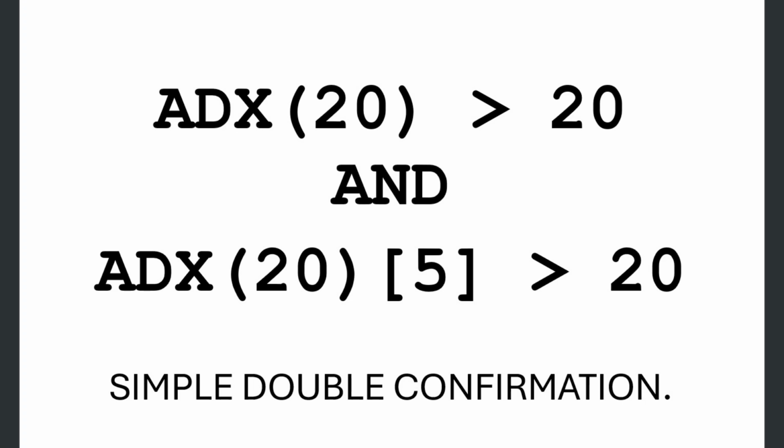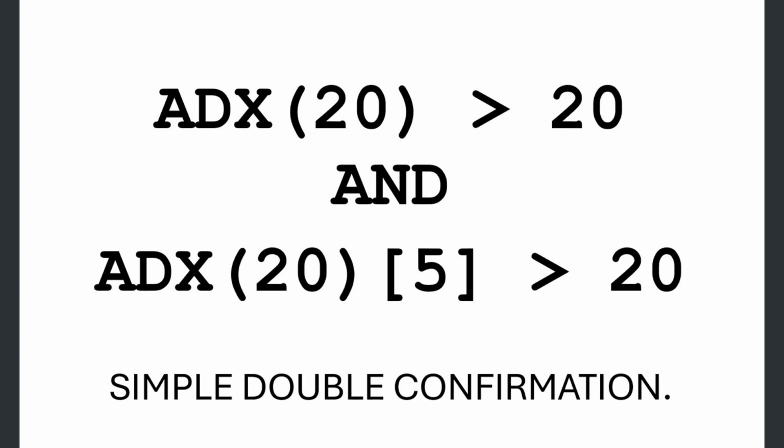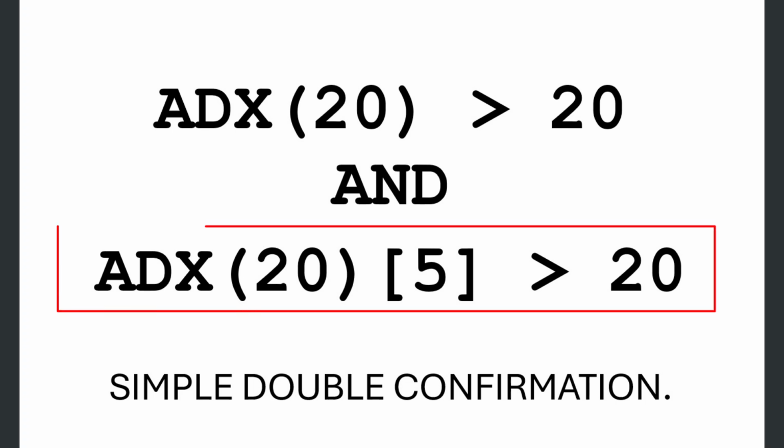And finally, tip number 3, ADX double confirmation. Double confirmation means that you combine both techniques I just presented to you together. So you want to know that right now on the last closed bar we have momentum, we have crossed a certain threshold. But we also want to know that a similar or the same threshold has already been crossed a few bars ago.